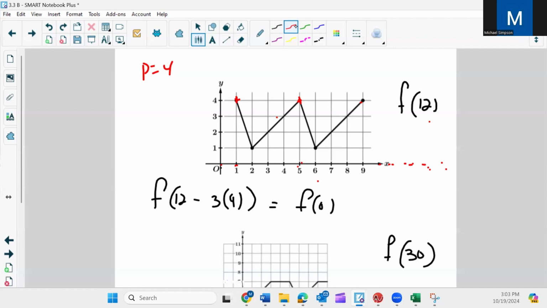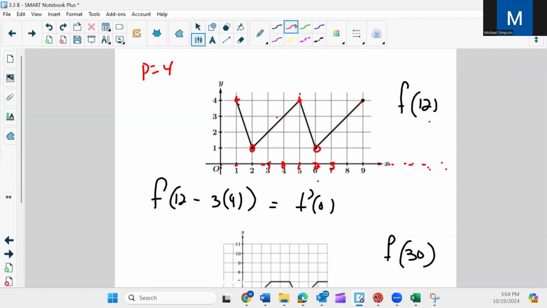If I call this 1 on the x-axis, because the point is repeating itself over and over, then going backwards this is 0, this is -1. If I go forward, this is 2, 3. And you can see that this point also occurs at 2 right here. See the trick right there?